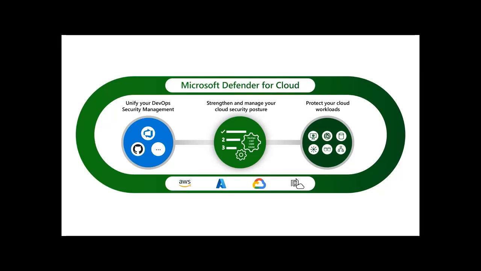We're also a cloud security posture management solution to surface actions that you can take to help prevent breaches. We also have the cloud workload protection platform, so we can provide specific protections for servers, containers, storage, databases, as well as other workloads. And it does not matter if the workloads are in Azure, on-prem, in AWS, or GCP.